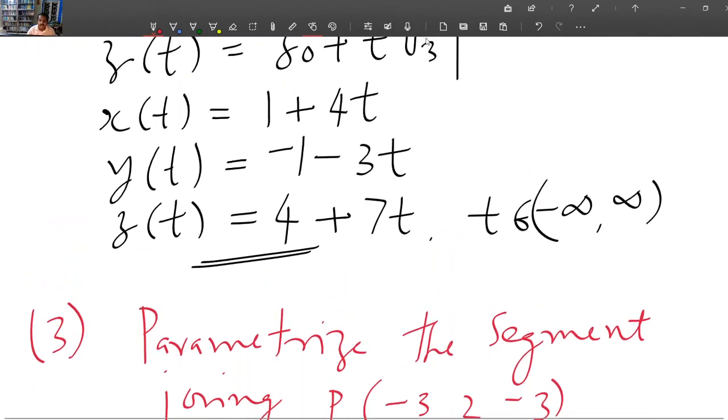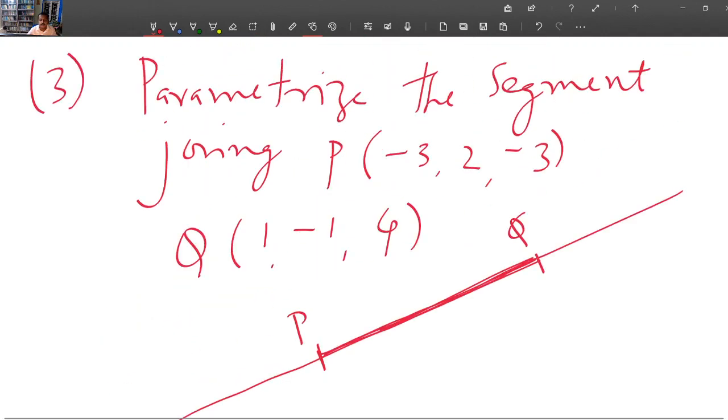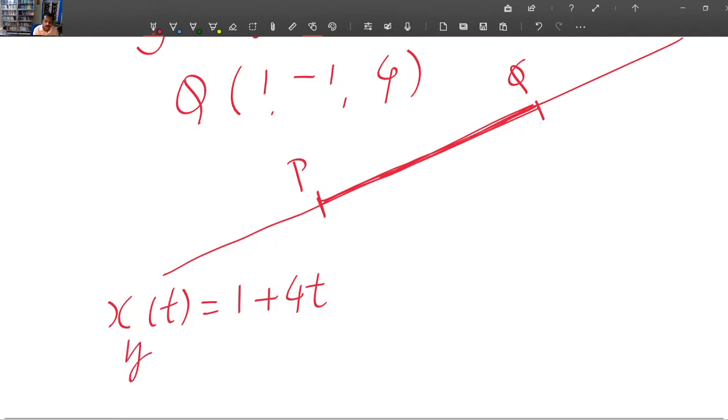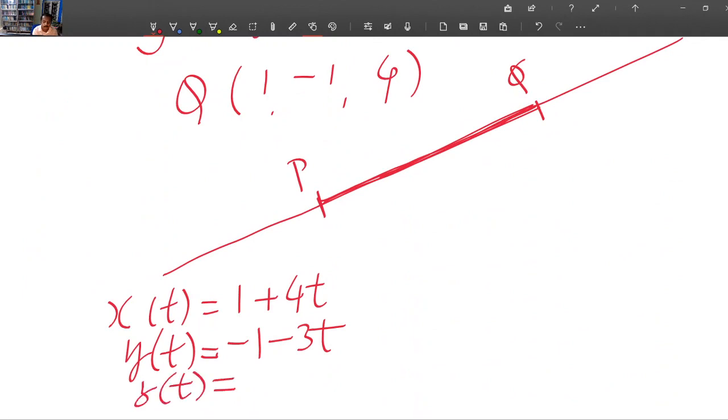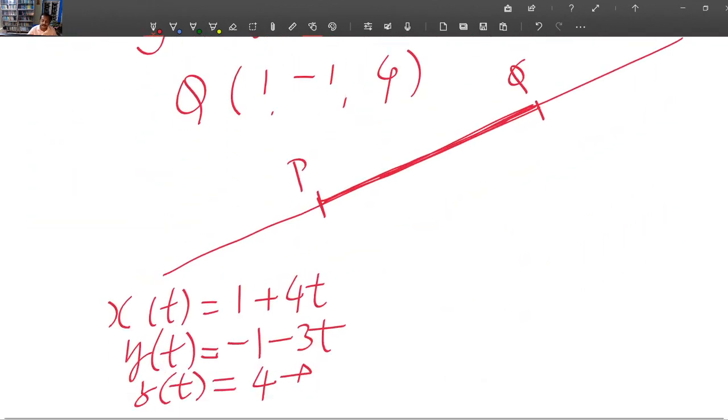Now you have x of t is equal to 1 plus 4t, y of t is equal to minus 1 minus 3t, and z of t is 4 plus 7t.